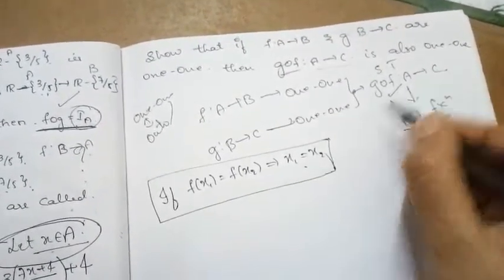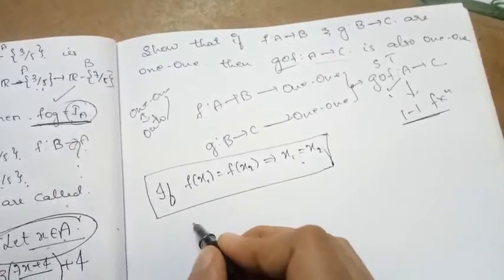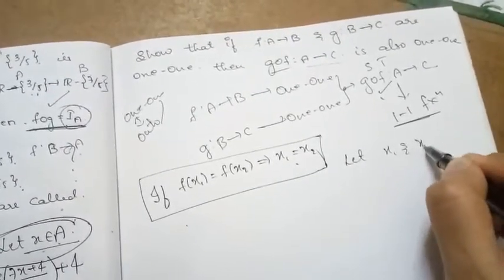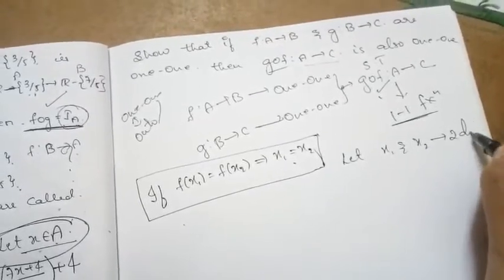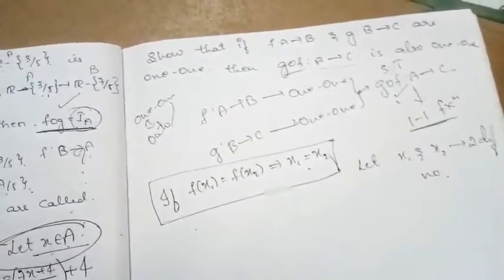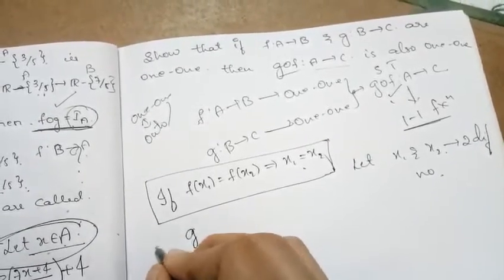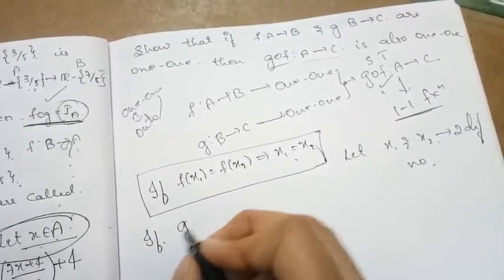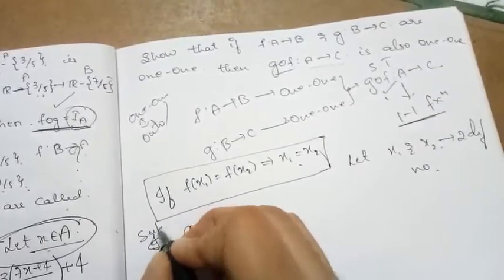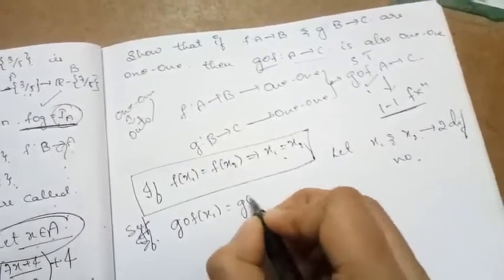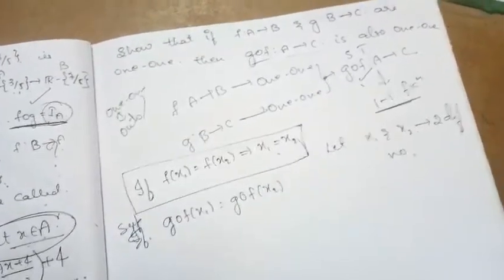So to prove g of f is a one-one function, let us consider x1 and x2 to be two different numbers. So what we are assuming first is, suppose g of f of x1 is equal to g of f of x2.